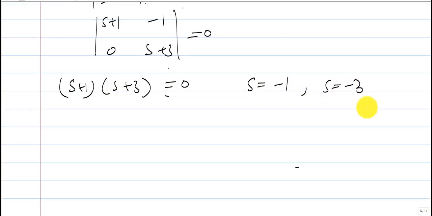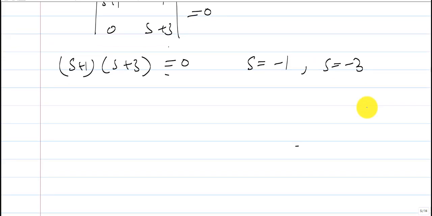So we will write the generalized state transition matrix in terms of a polynomial.